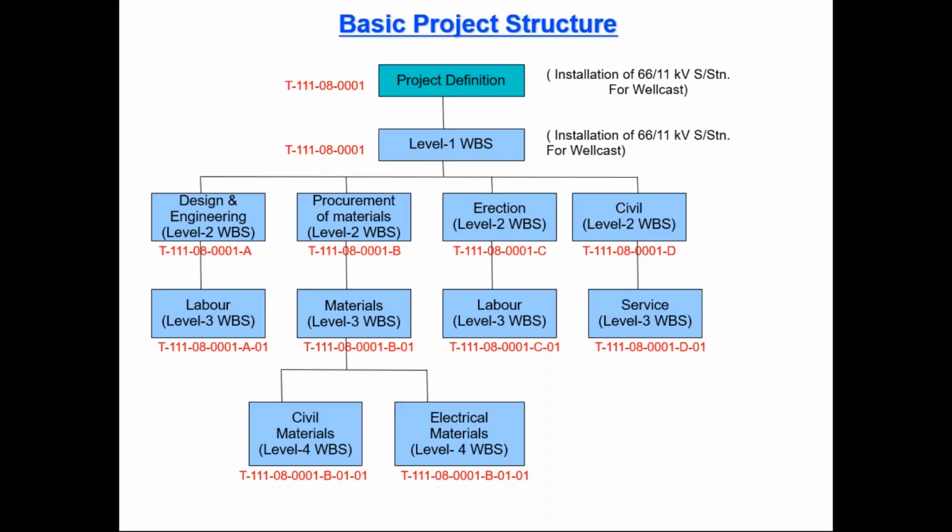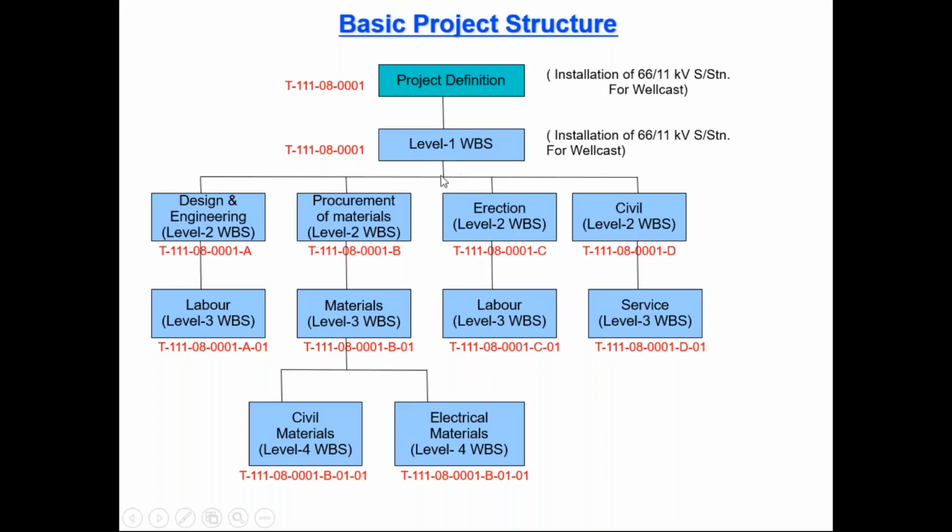Here I'm taking the WBS, one of the master data, work breakdown structure. In this example, we have created only one WBS element at the first level, and then it is divided into the next level of WBS elements. So level one is the installation of the 66/11 kV substation for Wallcast. Whatever project definition we have, similarly I have defined the WBS here.